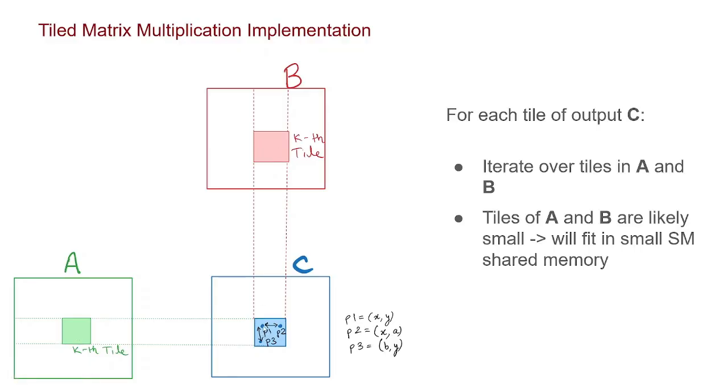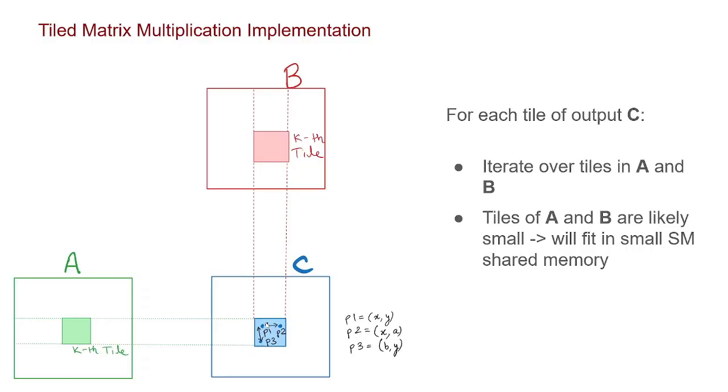And if you think from the perspective of P1, it's going to look at this row here in the tile and its respective column in the tile and get what we can call a partial dot product. And once the tiles have spanned this entire region, so all the columns for A and all the rows for B, then we would have accumulated the full dot product.